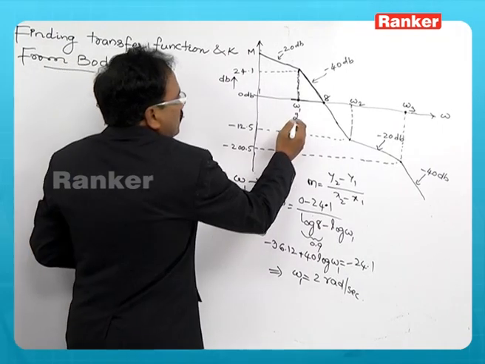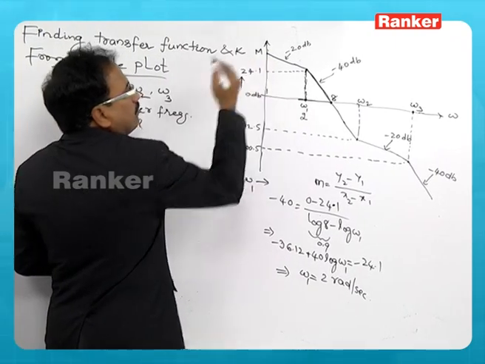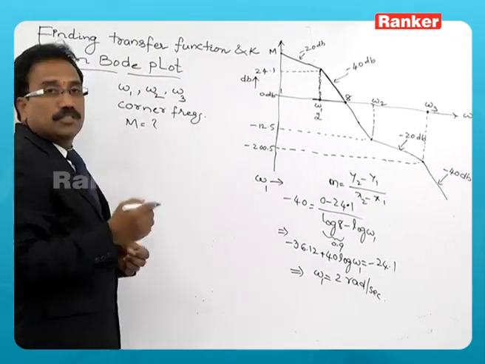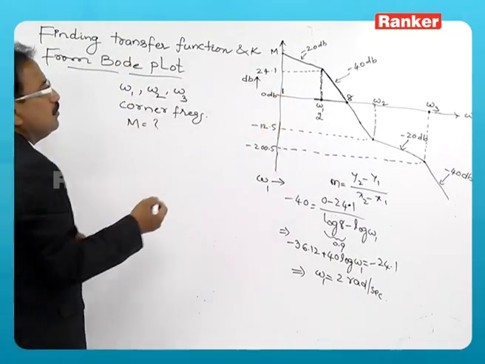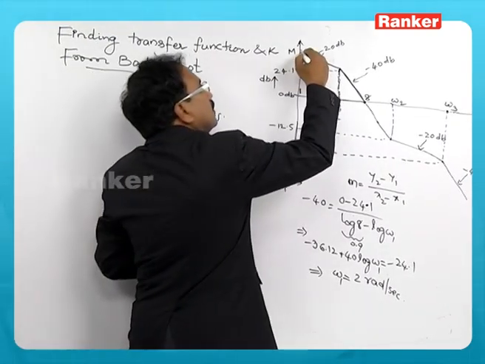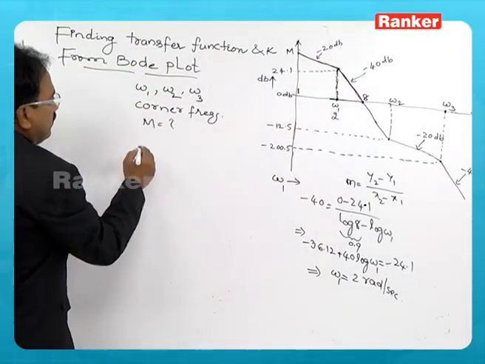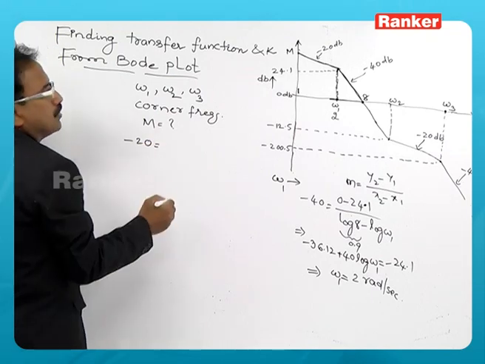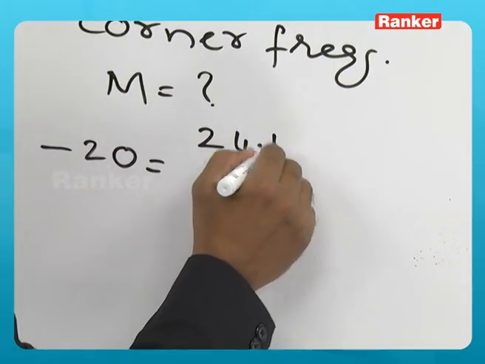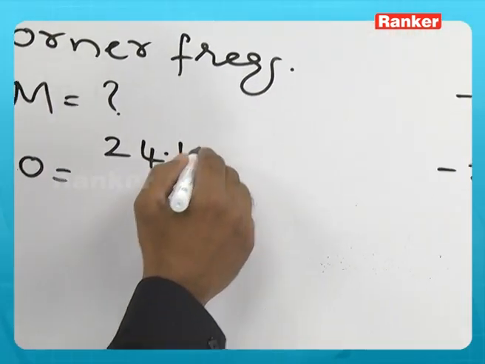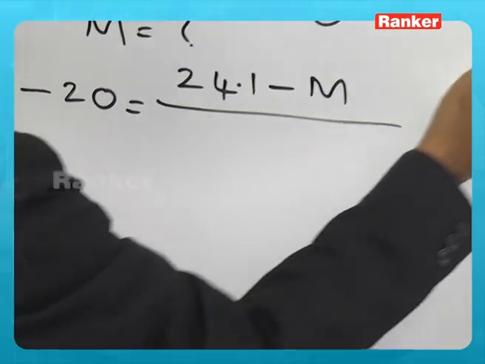Once you have omega 1 as 2 radians per second, now I will try to find M. M is the magnitude at frequency 1. Again I use the same slope formula, because this line maintains a slope of minus 20 dB per decade. So minus 20 is equal to y2 minus y1, with 24.1 as y2 and M as the unknown, divided by x2 minus x1.